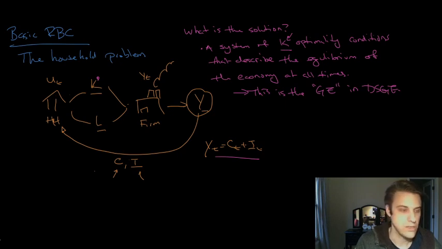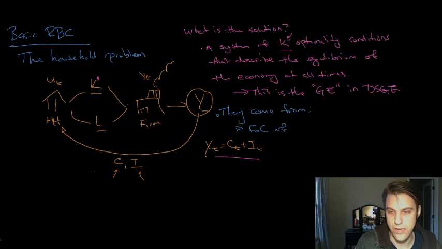Where does the system of equations come from? The system of equations comes from the first order conditions. So they come from three sources. Source number one is the FOCs of the agents' problems.